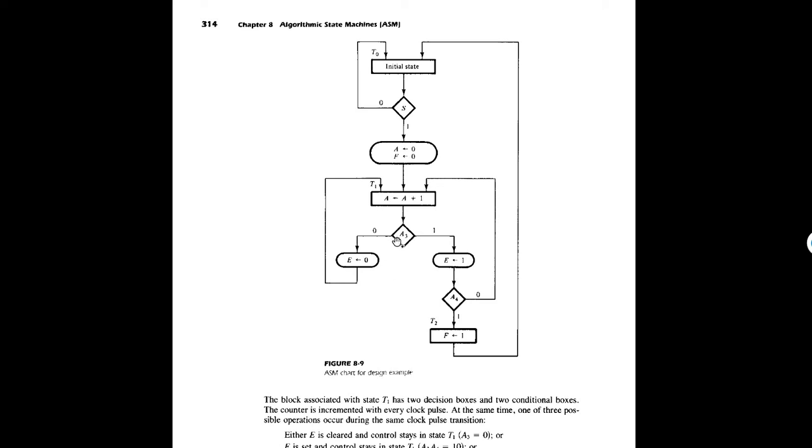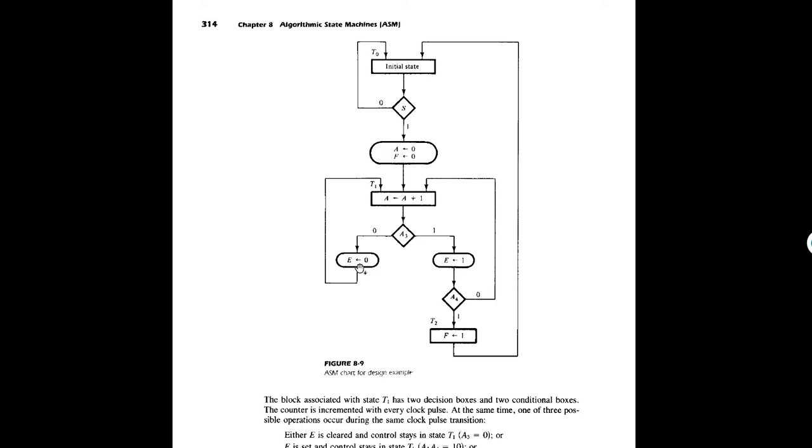Maybe saying true is not really the correct thing here. I would say the condition is when it meets the condition to satisfy its execution. So when the outputs of the decision boxes satisfy the conditions that are required for the execution of the conditional boxes, you have the value being set.